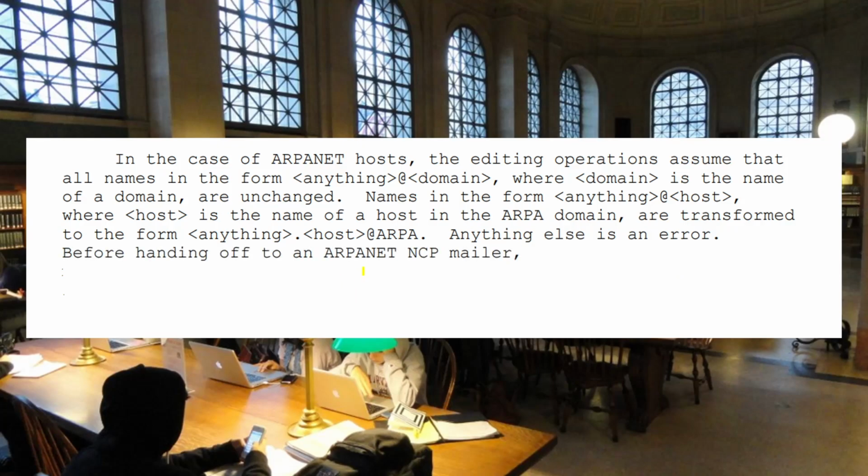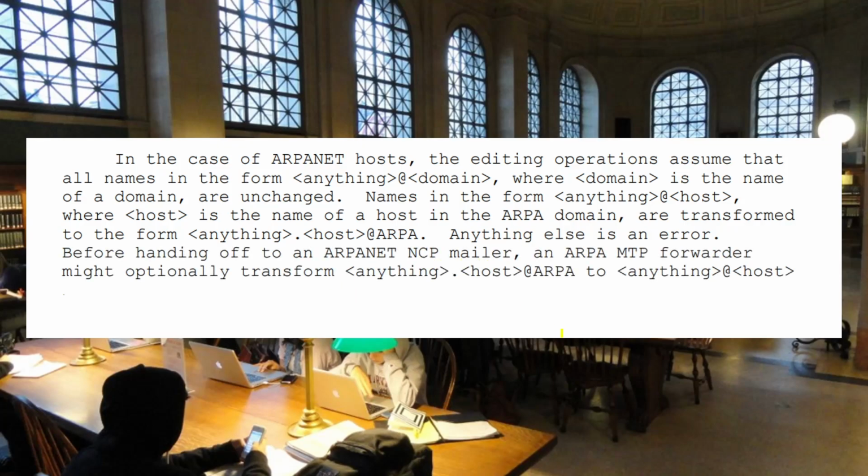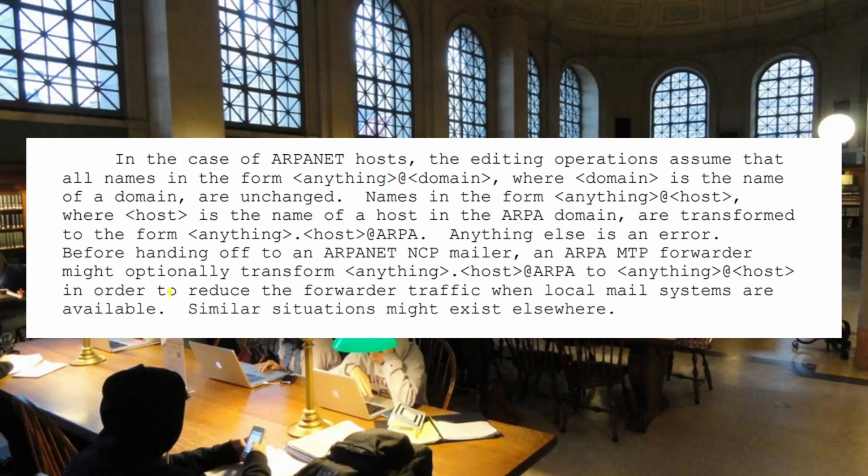Before handing off to an ARPANET NCP mailer, an ARPA MTP forwarder might optionally transform anything.host at ARPA to anything at host in order to reduce the forwarder traffic when local mail systems are available. Similar situations might exist elsewhere. So there are situations where we might want to have at host rather than at domain because it reduces traffic, but we have to make sure it's not going to cause confusion.